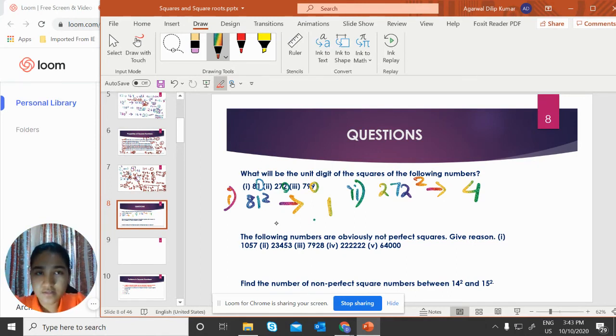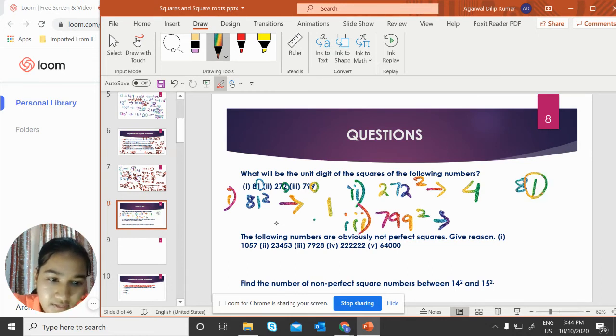You don't need to remember that if 2 or 8 is there, it will be 4, and if 3 or 7 is there, it will be 9. It's not that important. You can multiply also and check. Then 799 squared. 9 9s are 81, so here also 1 in its units place.